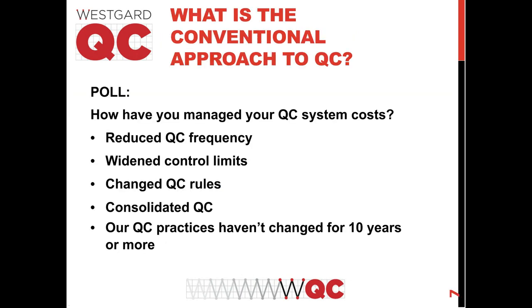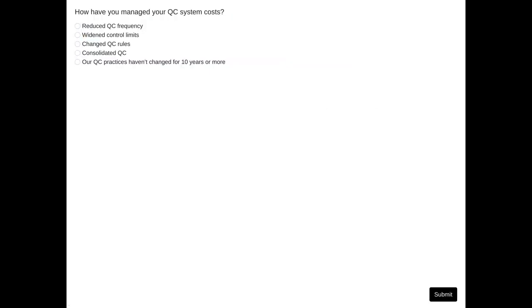So let's start with our first poll. We're going to talk about whether you have been actively managing your QC costs. So here we are. Have you, in the past 10 years, reduced your QC frequency? Have you widened the control limits you are using? Have you changed any of your QC rules? Have you consolidated your QC?